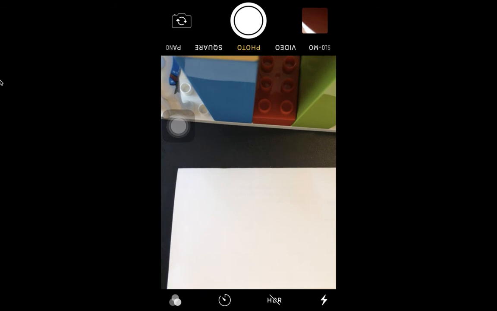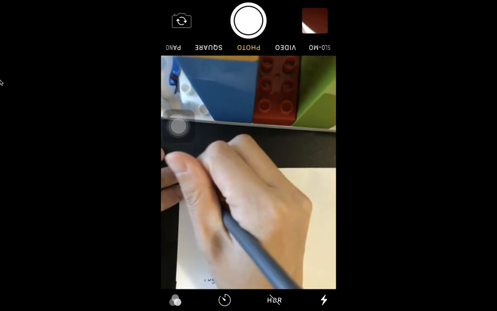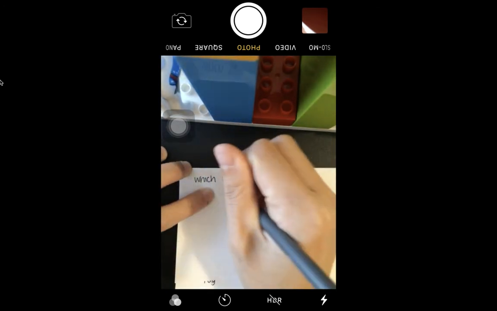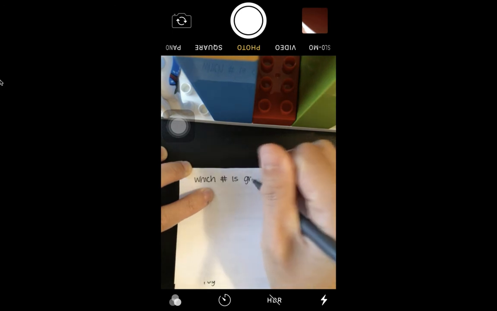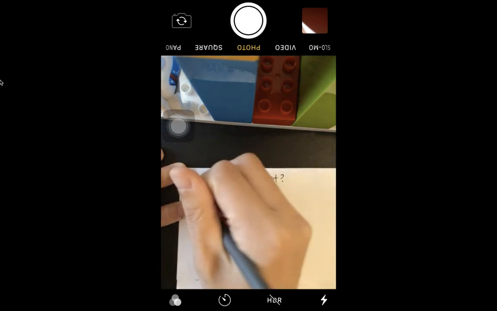This you do not need to solve, but I want to just ask you and see if maybe you can just use common sense, logic, whatever you can use to get the answer. Okay. What if I were to ask you which number is the greatest? And by greatest, I mean the biggest, right? Which one is the biggest number? So here are your answer choices.